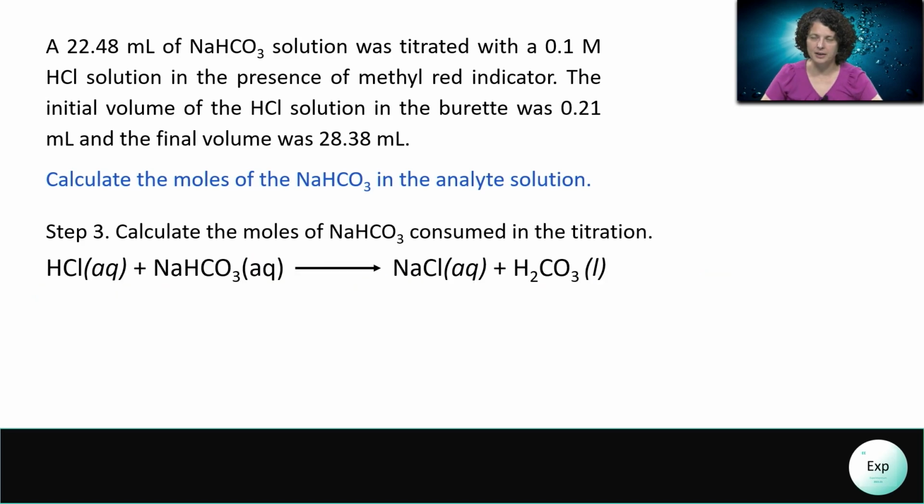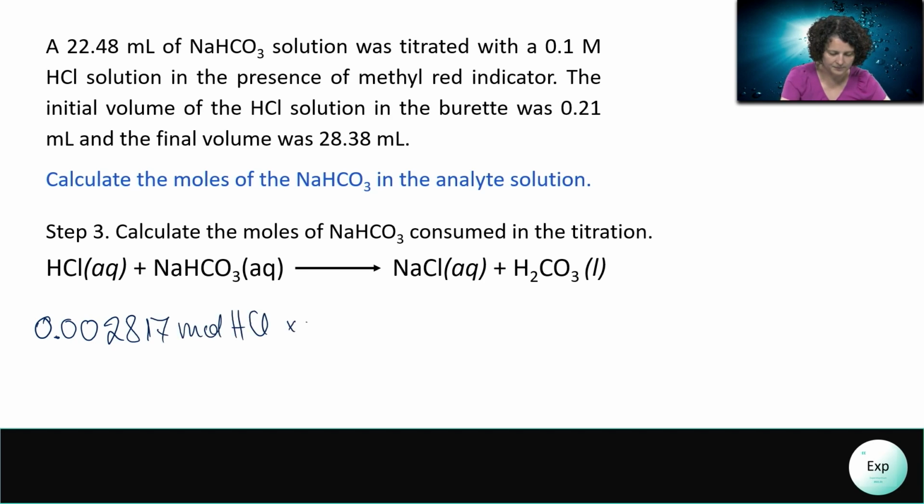In step 3, we're going to consider the mole ratio in the chemical equation that describes the reaction between hydrochloric acid and sodium bicarbonate. We start with the moles of hydrochloric acid, 0.002817 moles of hydrochloric acid.